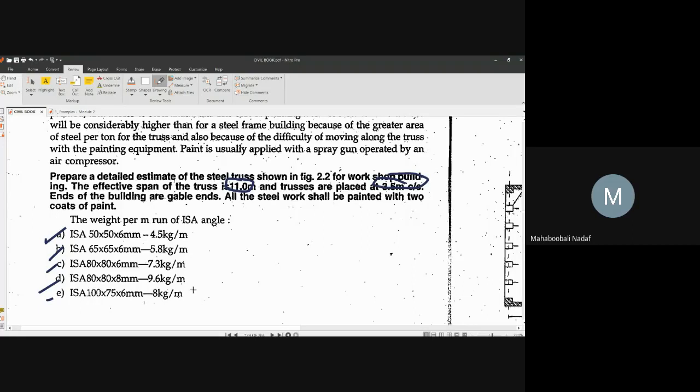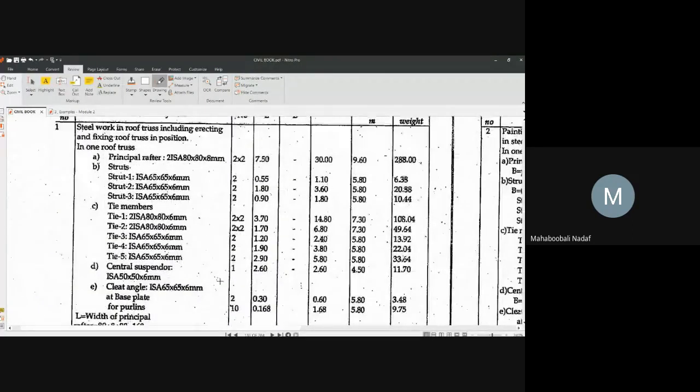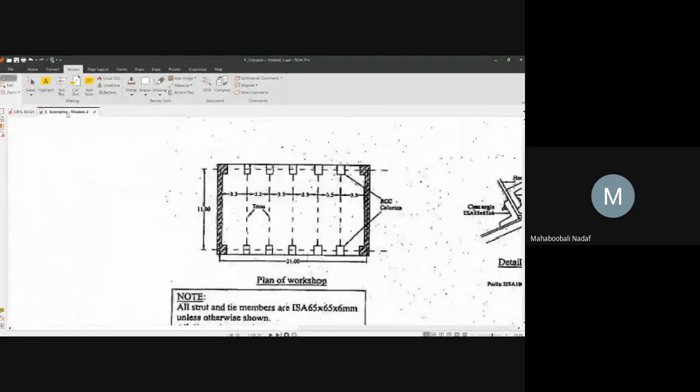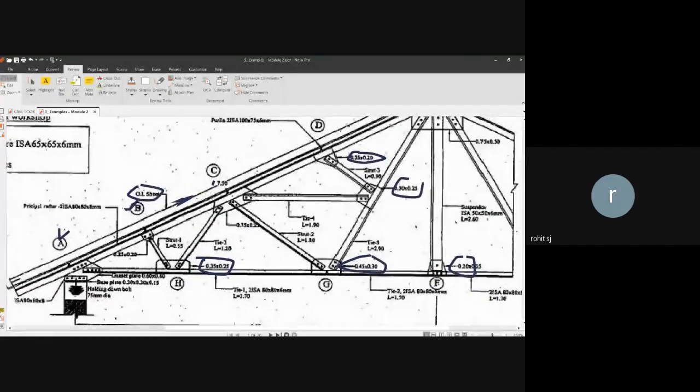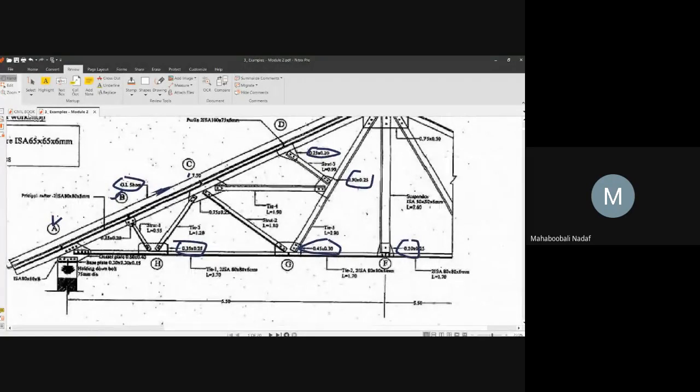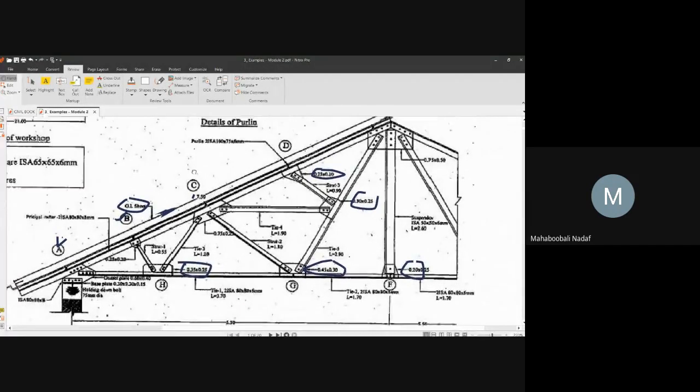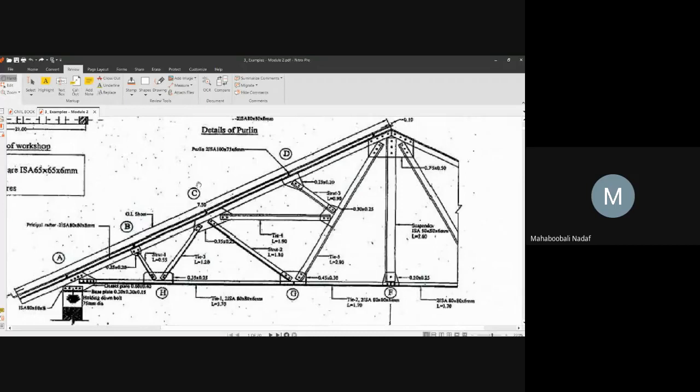Okay? Shall we go to the calculation part? Yes, sir. For better understanding, 2 PDFs have been made.